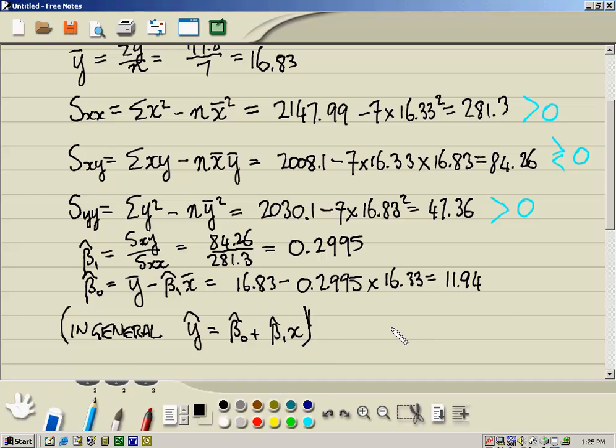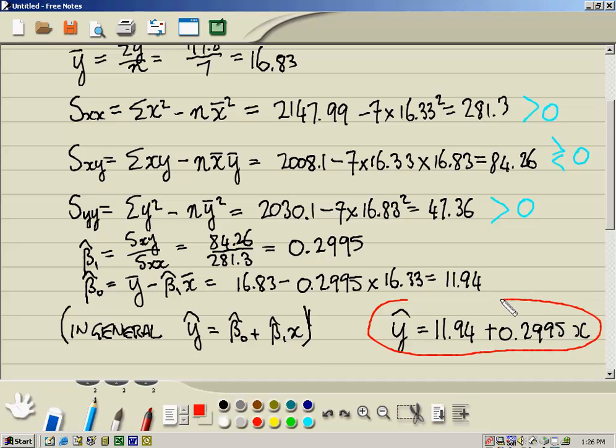Alright, so in our case, the answer to our estimated regression equation would be y hat is equal to beta hat 0, 11.94, plus beta hat 1, 0.2995 times x. Okay? And that then is our estimated regression.